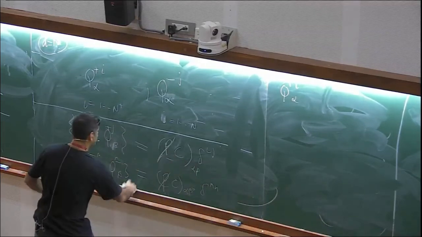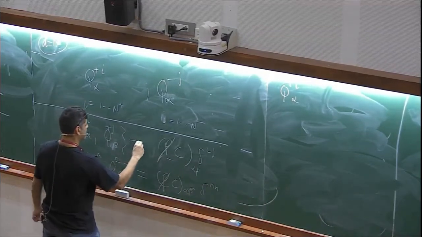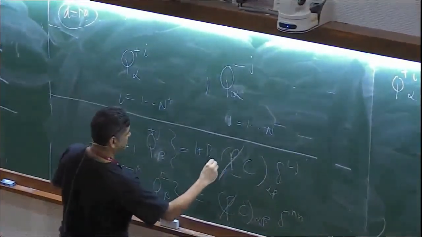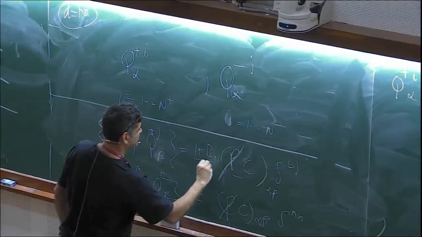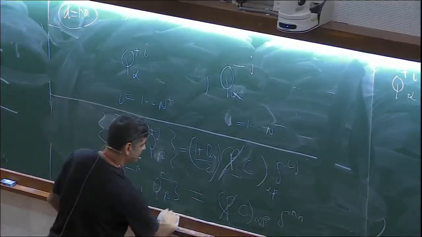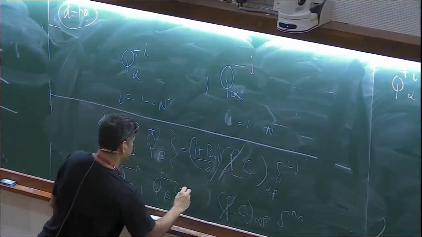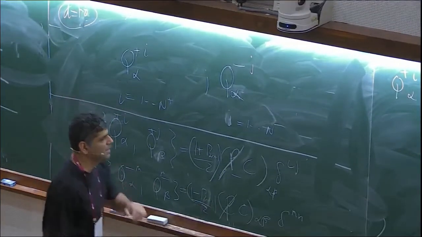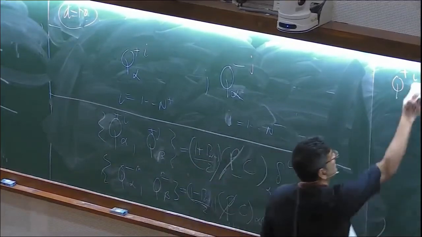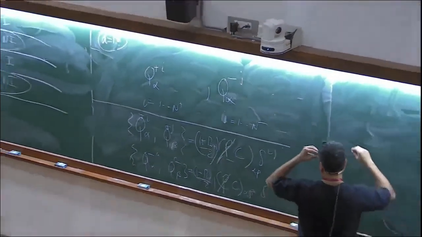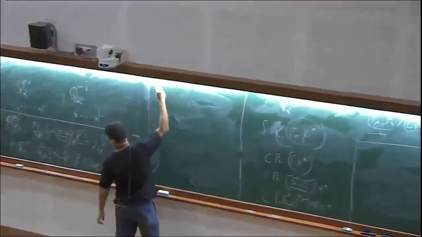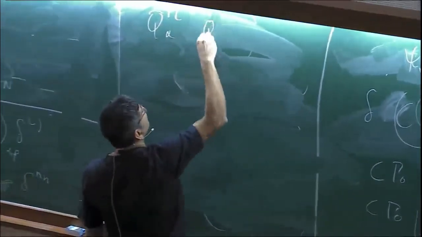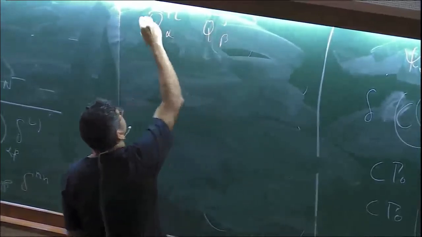If you want, we can put here 1 plus gamma 2n plus 1 by 2, to emphasize this was chiral, and here 1 minus gamma 2n plus 1 by 2. And the last element in this algebra is Q plus I alpha, Q minus J beta.